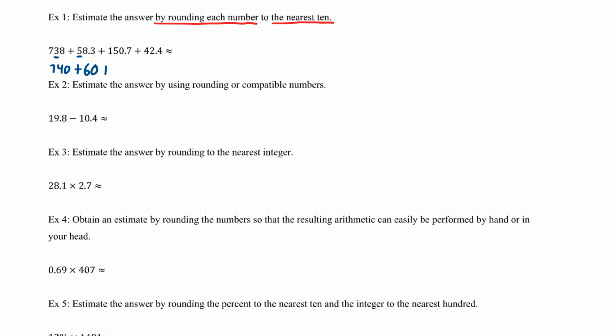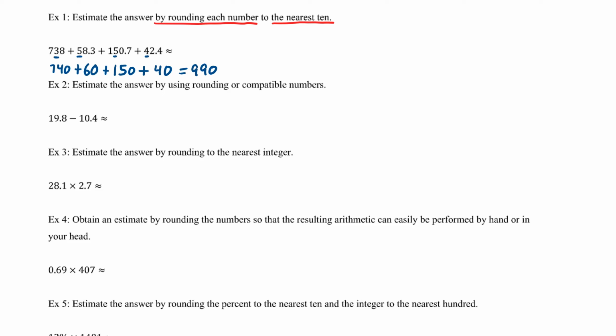With the third one, our 10 is the 5. Behind that is a 0, so we're going to round down to 150. And with the last one, our 10 is the 4. Behind that is a 2, so we're going to round down to 40. Now that we have rounded all of these to the nearest 10, we would go ahead and add them together to get our estimation, which is going to be 990.